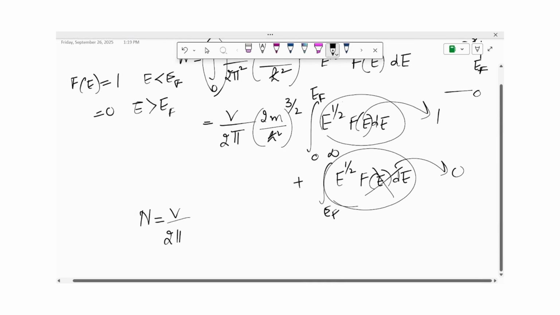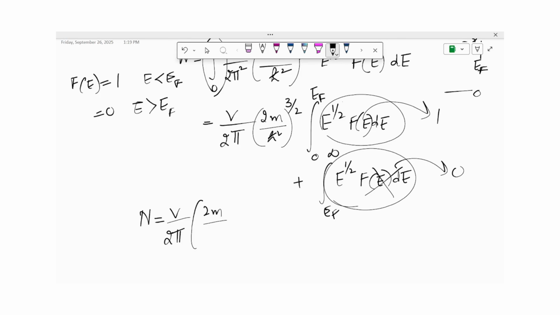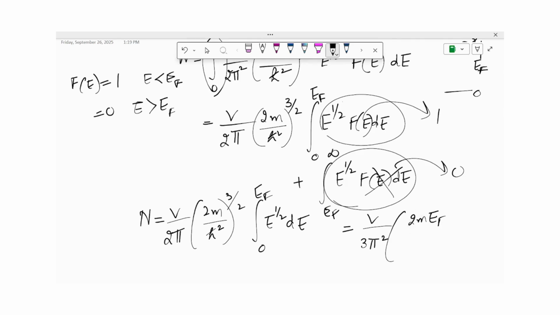V over 2 pi square, 2m over h cut square to the power 3 by 2, times the integration of E^(1/2) dE from 0 to EF, which on calculation and putting the limits will come out to be V over 3 pi square, 2m EF over h cut square to the power 3 by 2. This value of N we have already calculated.